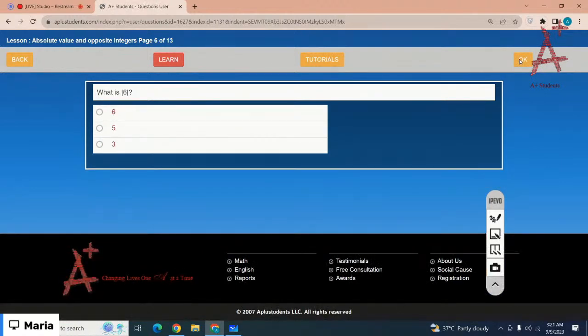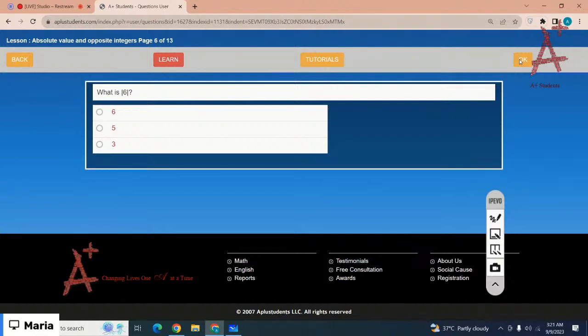What is the absolute value of 6? So which is the correct option? The absolute value of 6 is already a positive number, right?